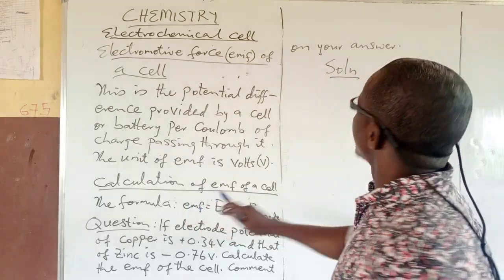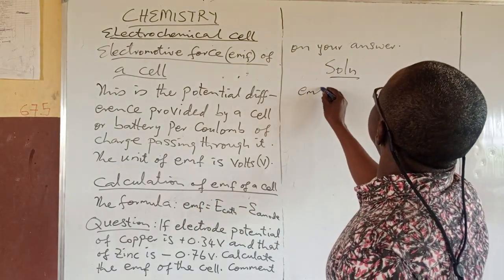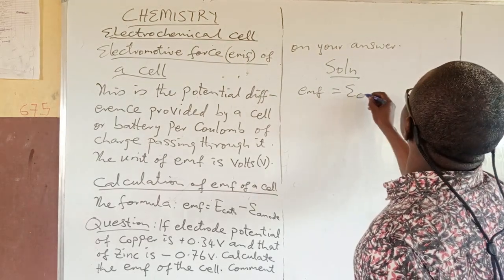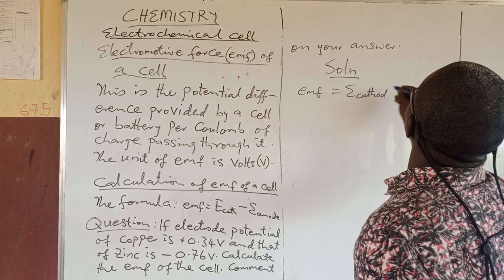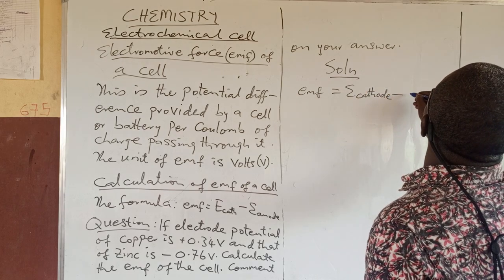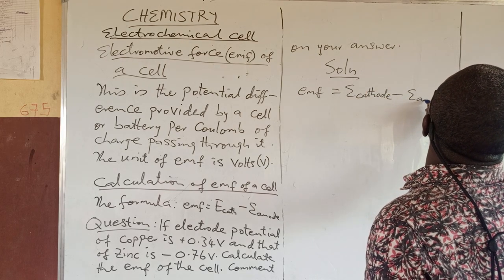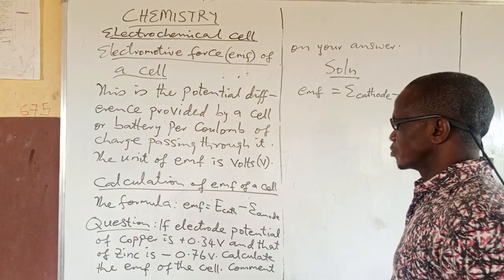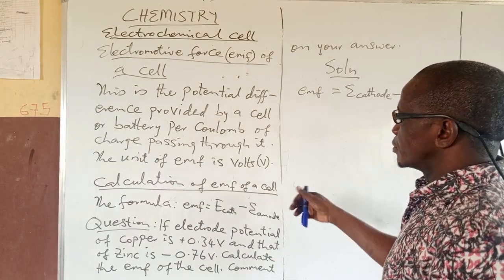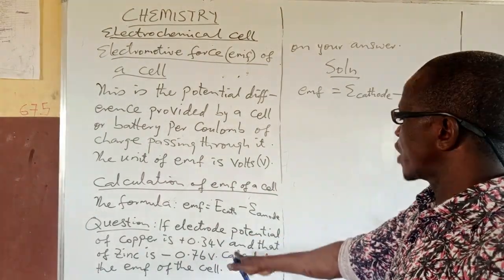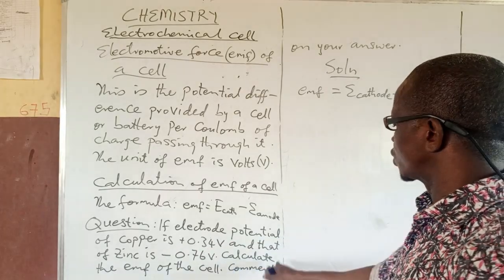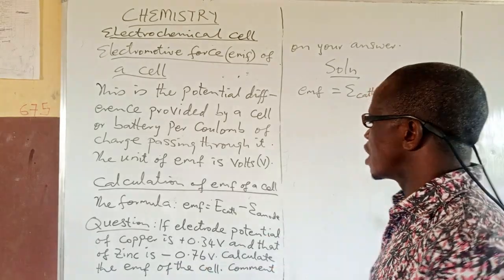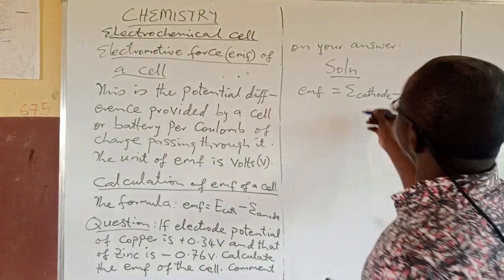Now, look at the formula here. EMF equals E cathode minus E anode. So try to identify which one is the cathode and which one is the anode. Cathode is this, anode is this, the smaller value. So now let's substitute them.